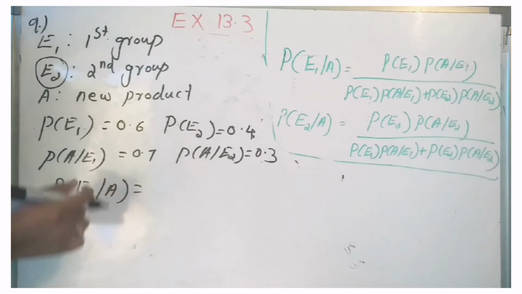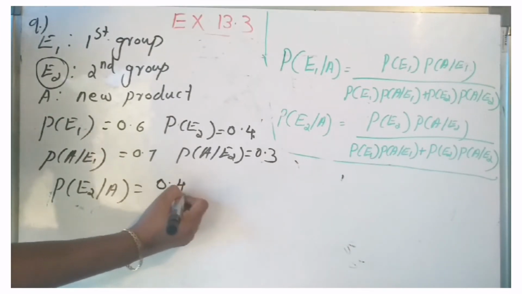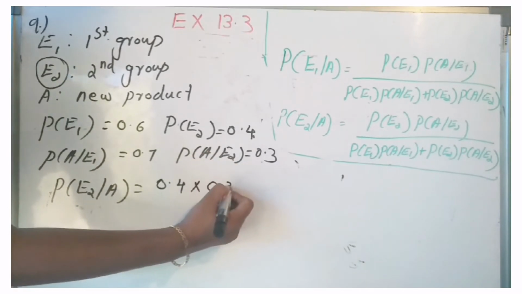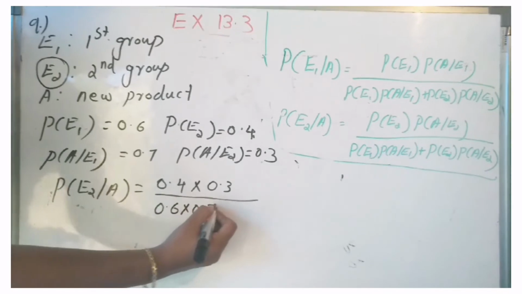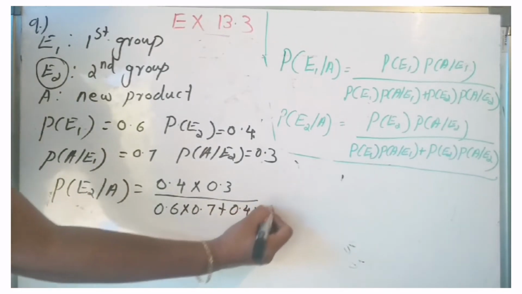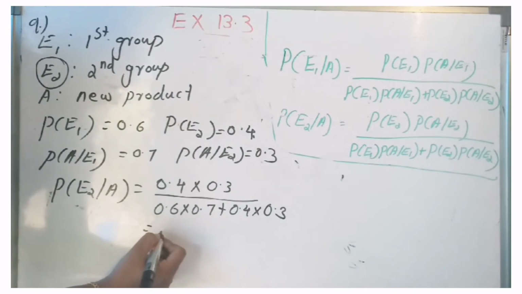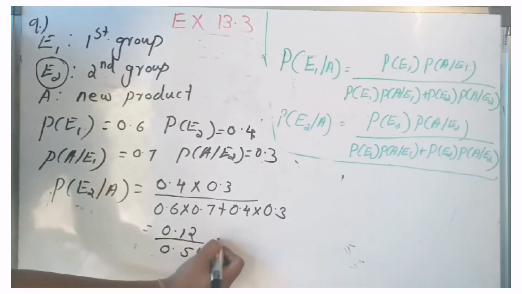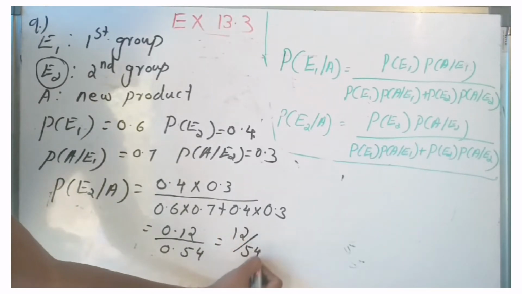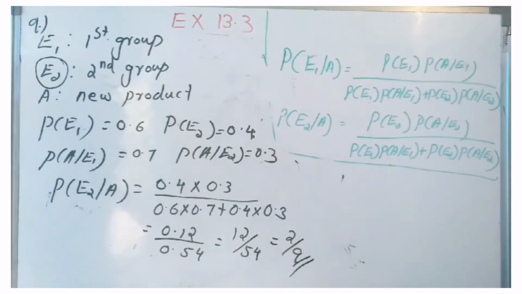So what is our P of E2? 0.4 into P of A given E2, 0.3, divided by P of E1, 0.6, into 0.7 plus 0.4 into 0.3. This is equal to 0.12 divided by 0.54, which is 12 by 54, equal to 2 by 9. The answer is 2 by 9.